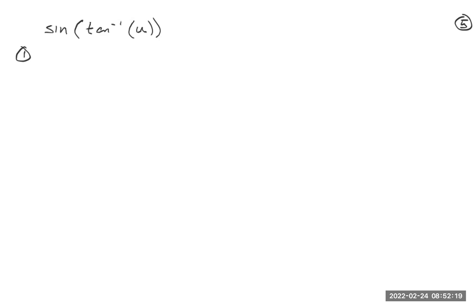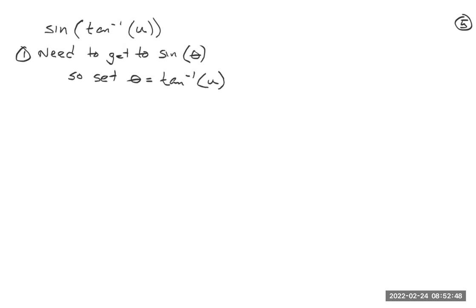So like before, the first thing we need to do is get to sine of an angle, because that's the only thing I can take the sine of, is an angle, right? So we're going to set theta to be the arctangent of the value u. So far, so good? All right. Now, we need to get that u alone.